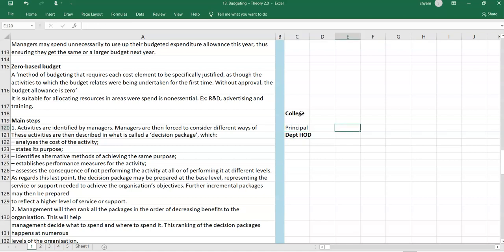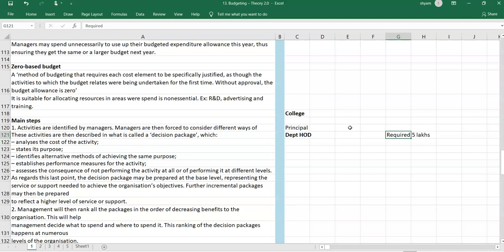if they require just something like 5 lakhs to run their department, what they will do is ask for a higher amount. So I think we'll put it like this. 5 lakhs is the required amount.